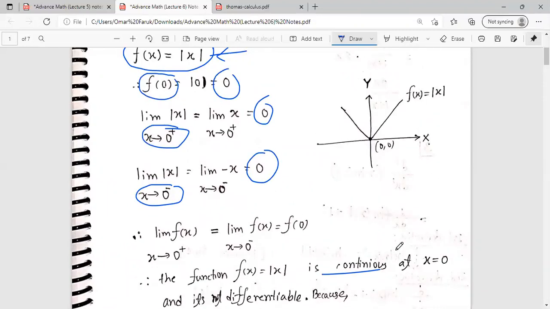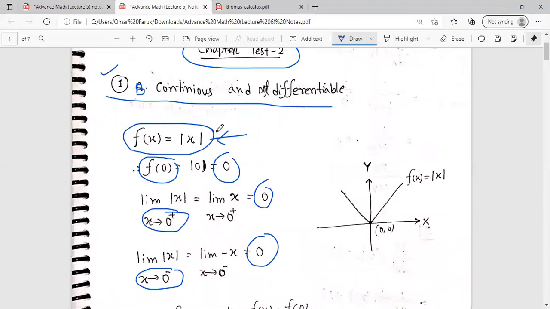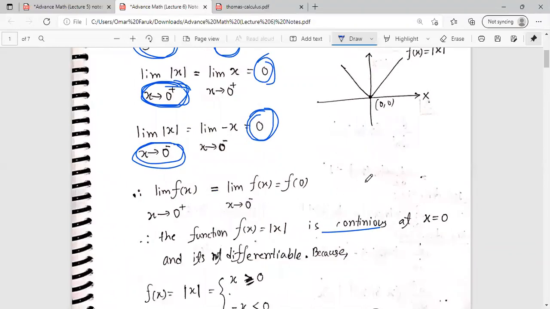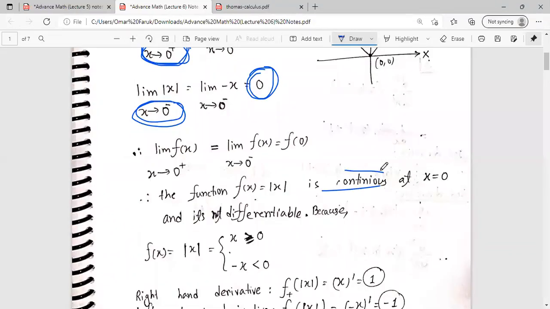If our left hand limit, right hand limit, and f of x values are the same, like you can see here 0, 0, 0, right? Their values are the same, so this function is continuous.